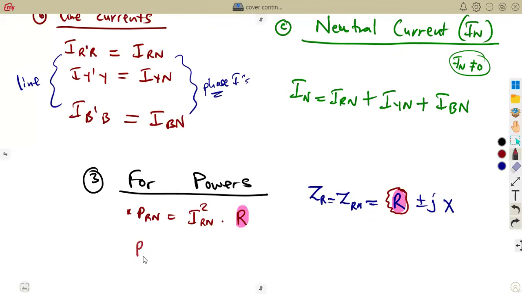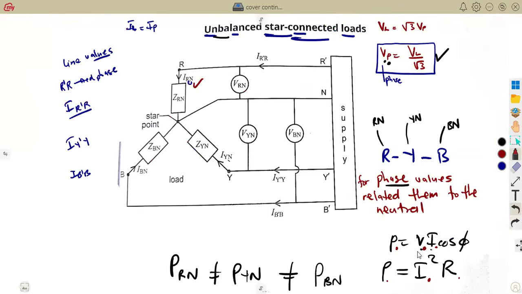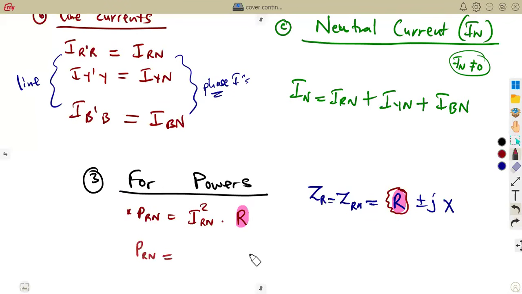The same power for the red phase, let's say we are using this formula for power, VI cos phi. It means we need voltage for that red phase, current and the angle between. We can also use that. So we can say the power there can be given as VRN times the current times cos phi.